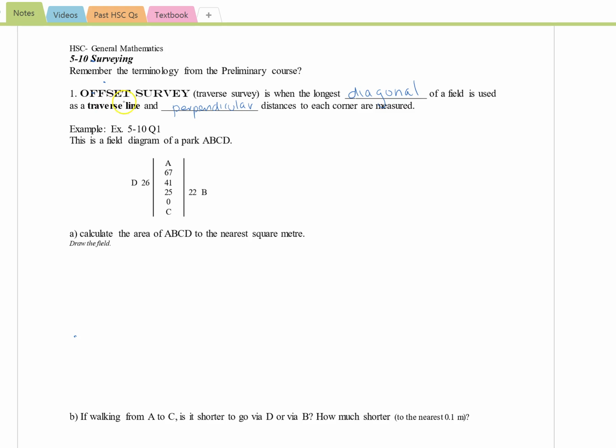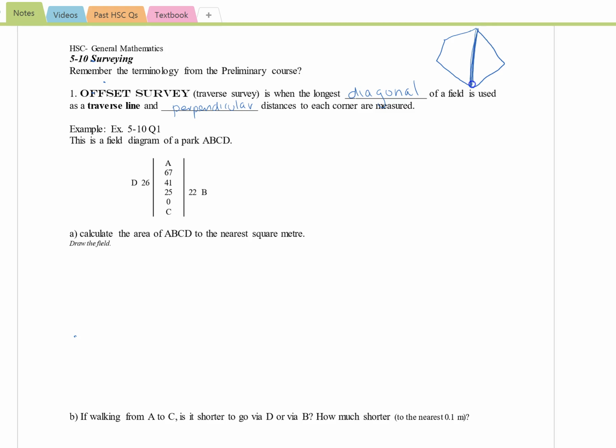So what is this offset or traverse survey? It's when the longest diagonal of a field is used as a traverse line, which just means you cut across on the longest diagonal, and perpendicular distances to each corner are measured. So if you had a block of land like this, you might take this as your longest diagonal.